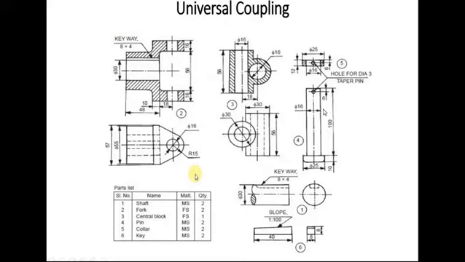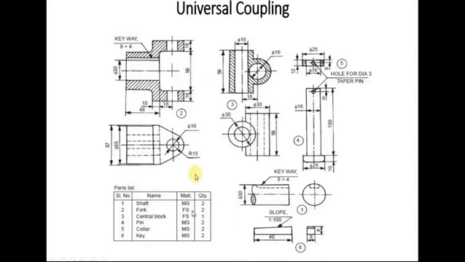As a machine drawing subject, we need to understand the details of every universal coupling joint. Here, in total, there are six components present in this universal coupling. First is the shaft, and here we are given the name, material and quantity.